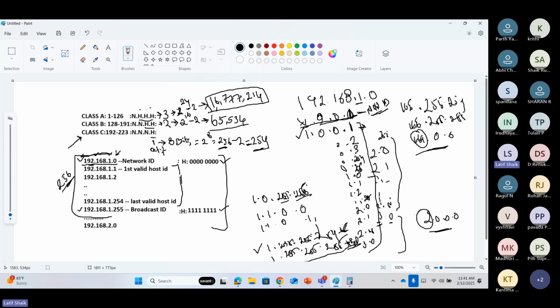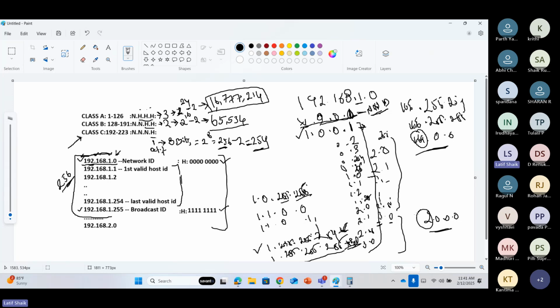Logically same network means their network portion must be the same. If you assign IP addresses from class A, check the first octet, it is class A, and the first octet must be the same for all devices' IP addresses. Then only all these devices belong to the same network.